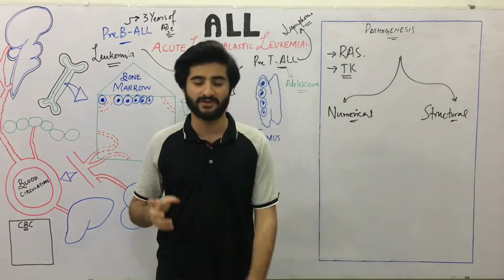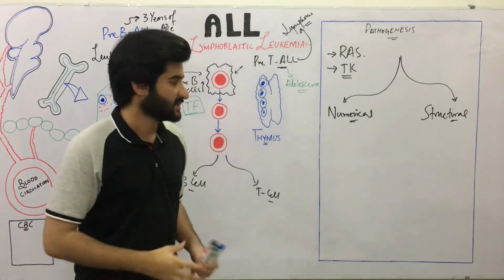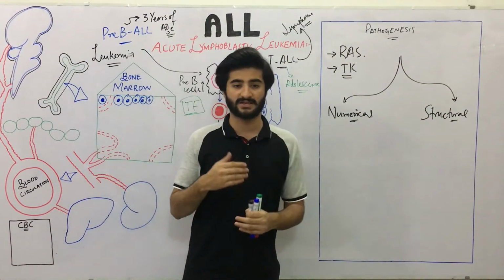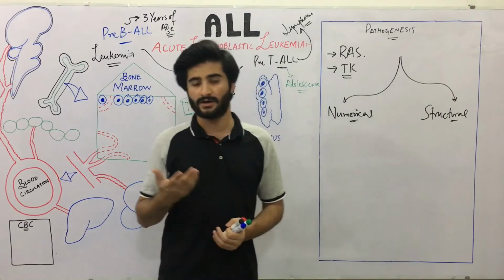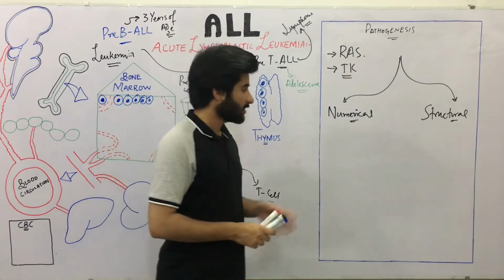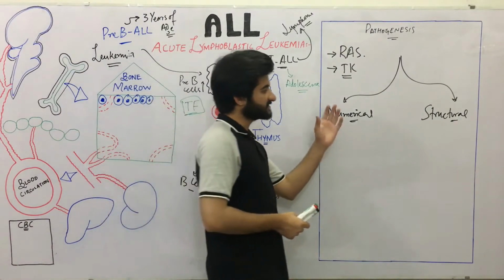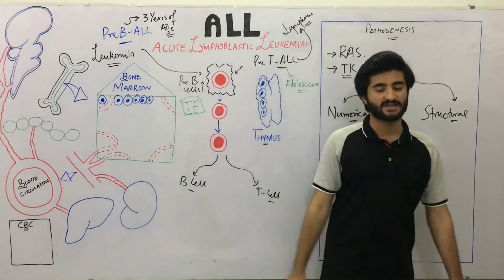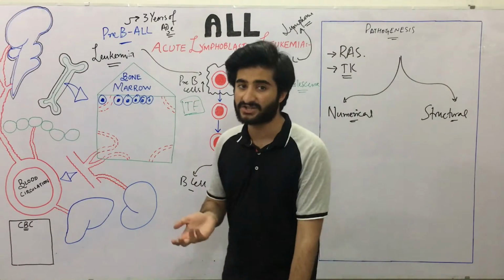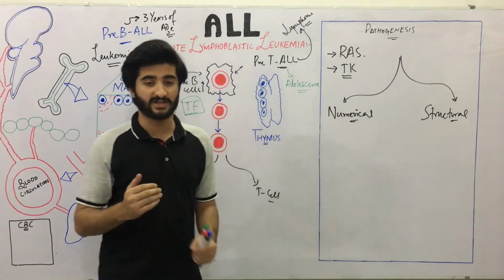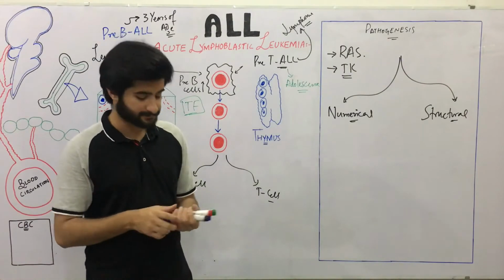What is the difference between numerical and structural mutations? Numerical mutations mean that there is either an increase or a decrease in the normal number of chromosomes. Structural mutations mean that there may be some deletions or translocations in the chromosomes, so that the structure of the chromosome is altered.